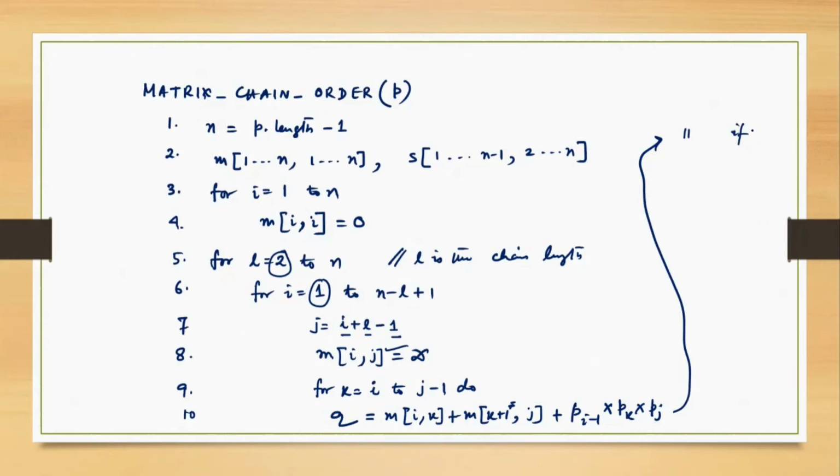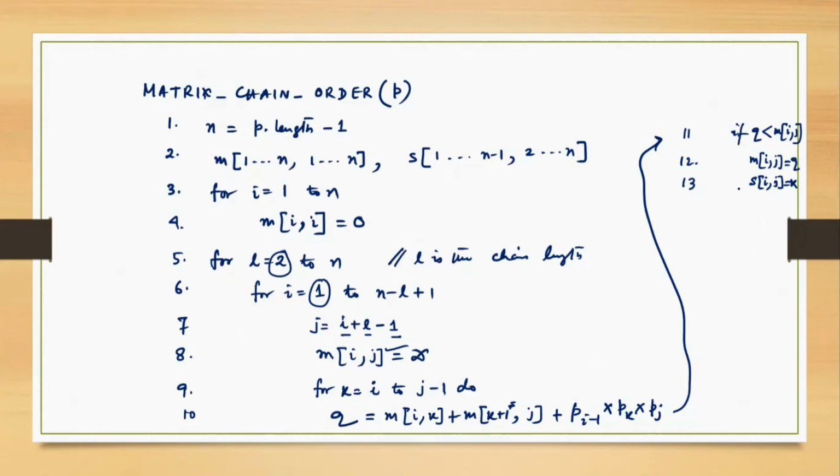If Q, so far obtained, is less than m of ij, then step 12 says, under the if, m of ij will be replaced by Q. And we said that for whichever k value you get m of ij as a minimum, that k value should be stored into s of ij.